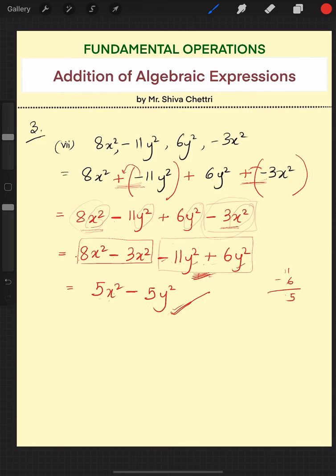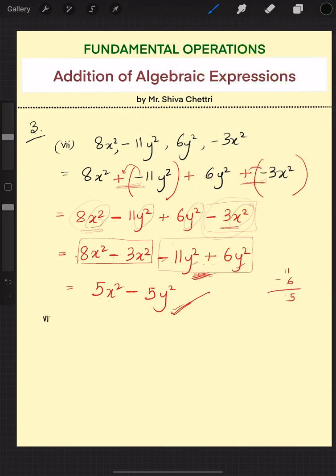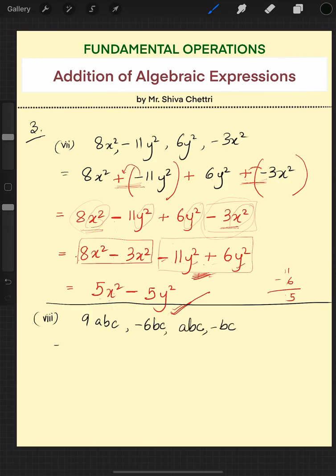Similarly, let us do question number 8. That is given as 9abc minus 6bc, abc and minus bc. Let us arrange again.